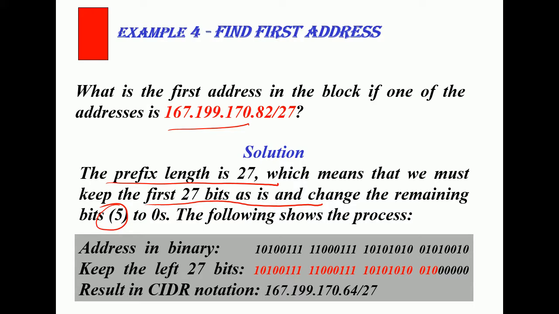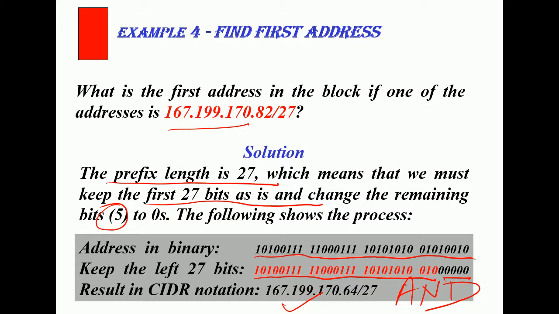So how will we calculate it? Write down the address in binary, then keep the left 27 bits as they are, and the remaining 5 become 0, and perform a binary AND operation between these two. Then you will get this address when you convert it into decimal.